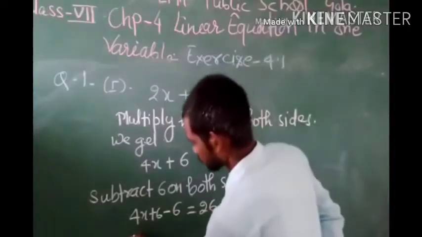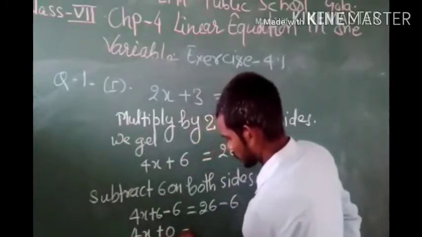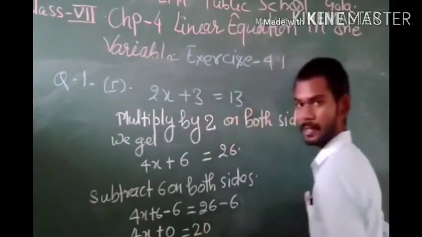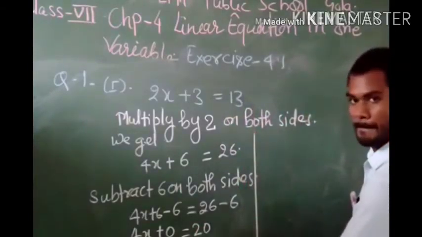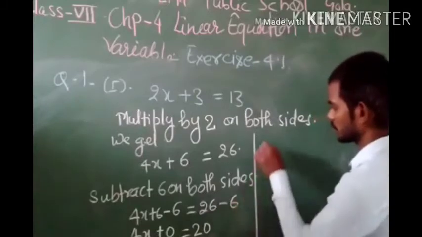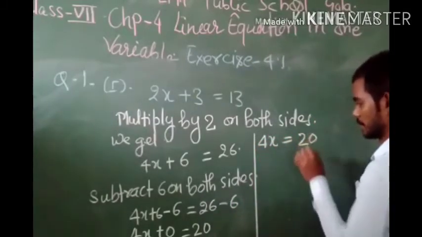We have 4x plus 0 is equal to 20. Again, now this is equal to 4x is equal to 20.